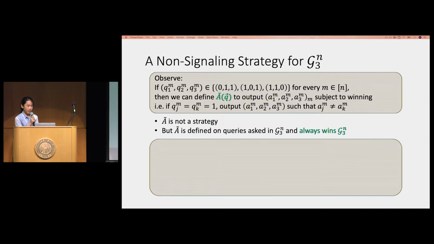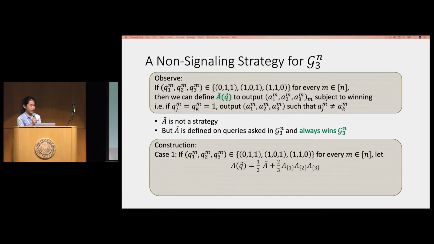So we're going to use A tilde and our size 1 and size 2 marginals to construct a non-signaling strategy for the n-fold repetition. And how this will go is we'll have 2 different cases depending on what our query looks like. If every instance of the game consists of a query of the form 0, 1, 1, 1, 0, 1, or 1, 1, 0, we're going to let the answer distribution sample from A tilde with probability 1/3.